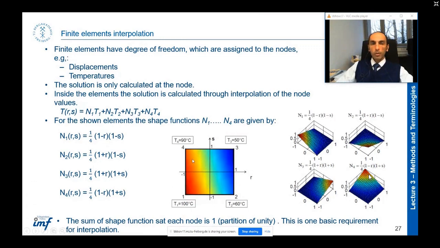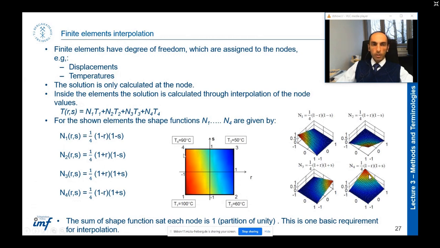Imagine at node number 4, the S value is 1, the R value is minus 1. If you put S1 and then R minus 1, then it becomes what?